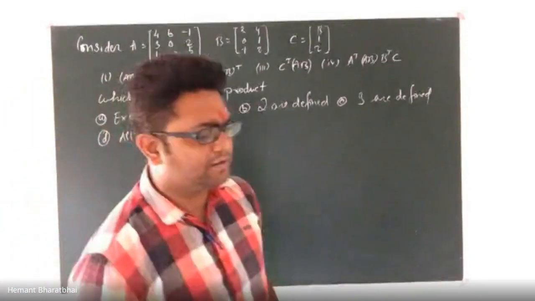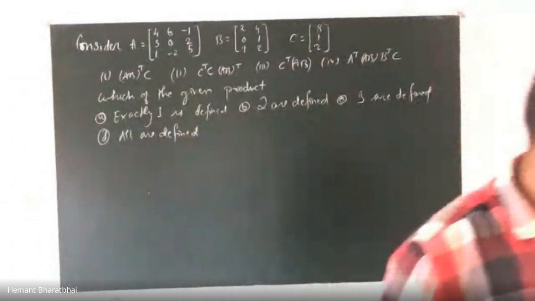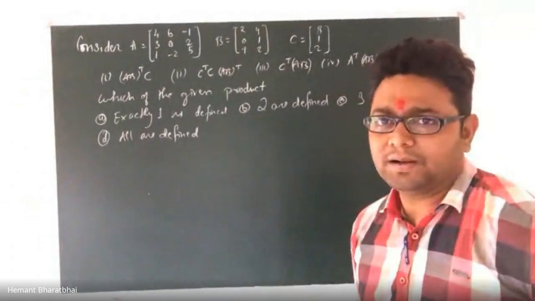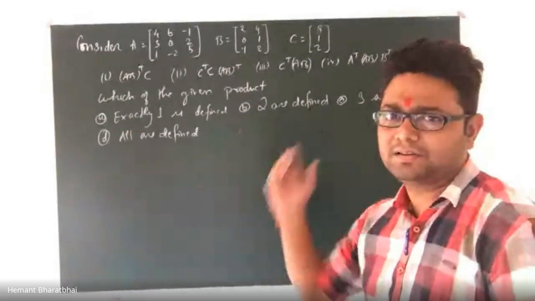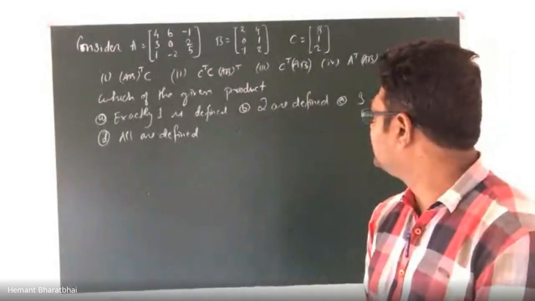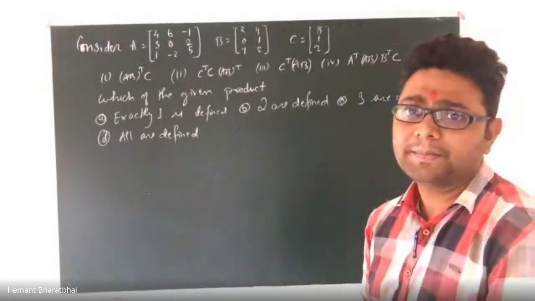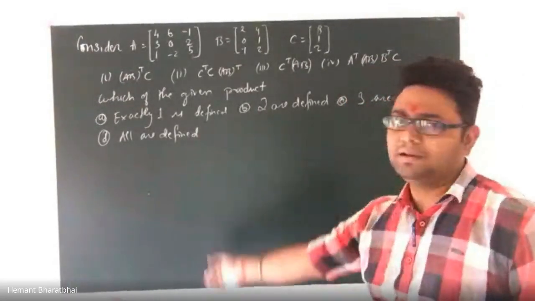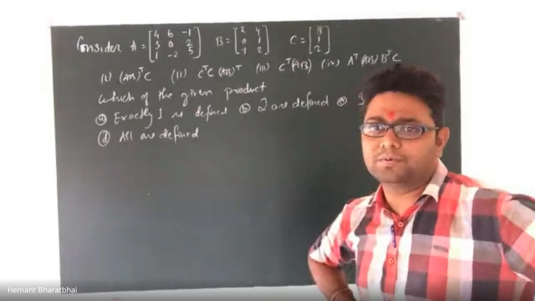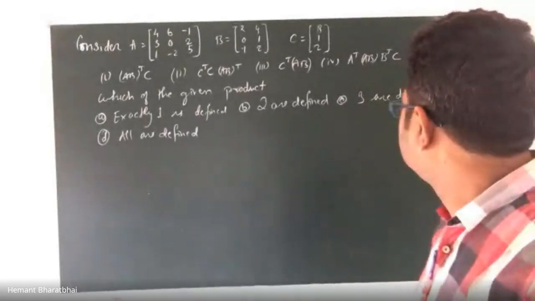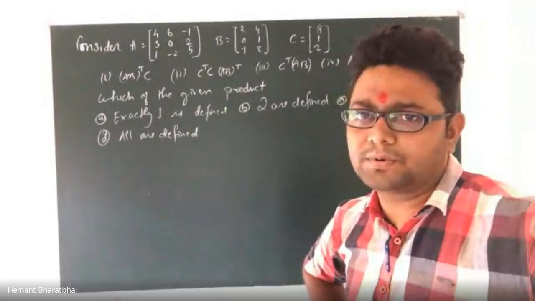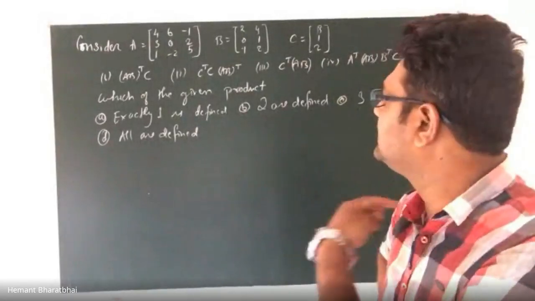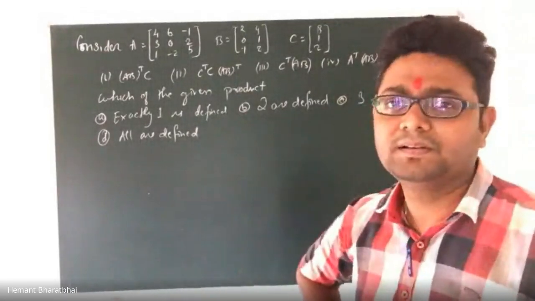Can you guys solve this? He has given us three matrices and four different products. Out of the four products, he is asking which are defined: one, two, three, or all. In this case, we are not going to physically solve all the matrices.